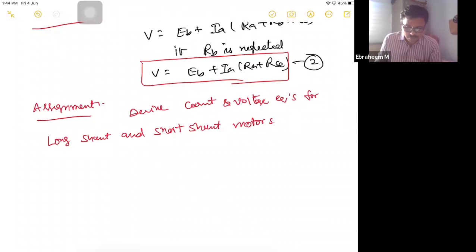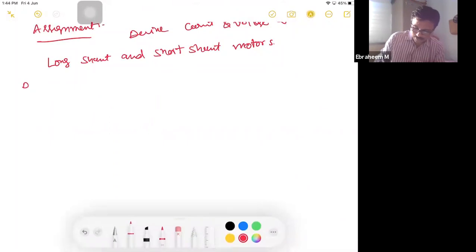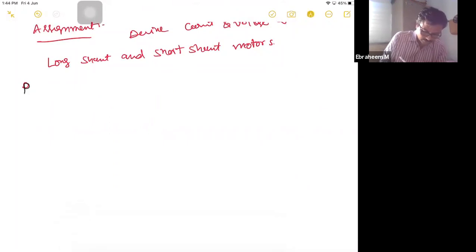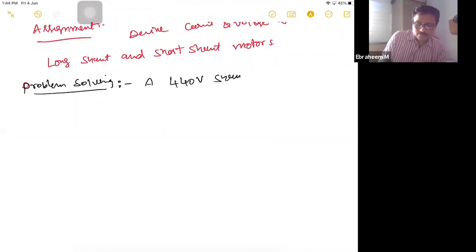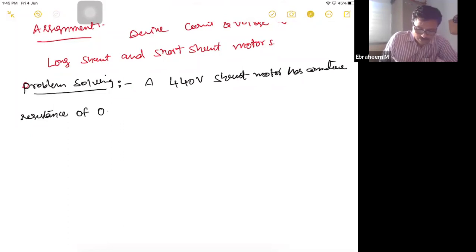Okay, let us solve a simple problem. A 440 volts shunt motor has an armature resistance of 0.8 ohm and a field resistance of 200 ohms.